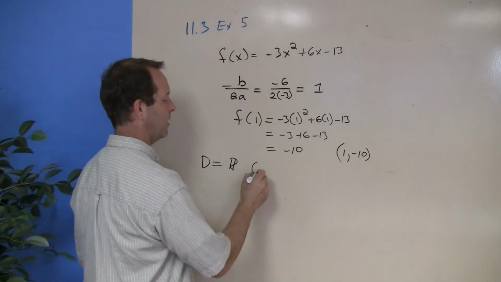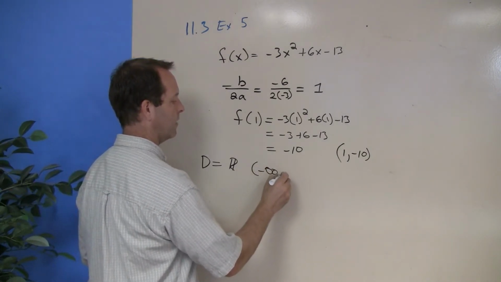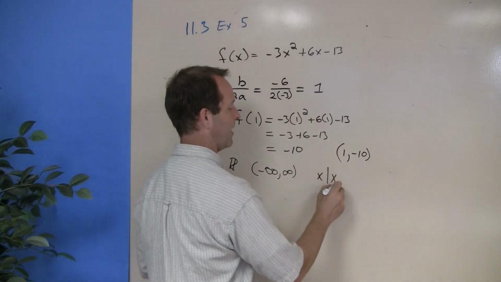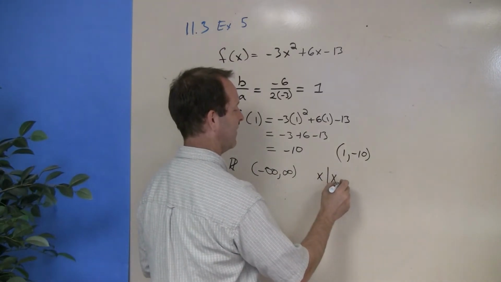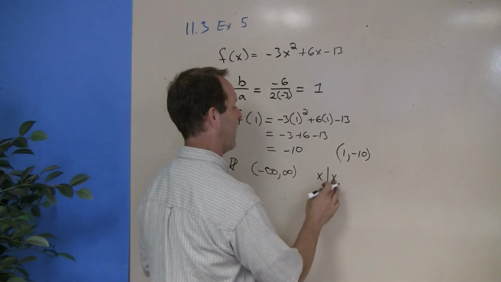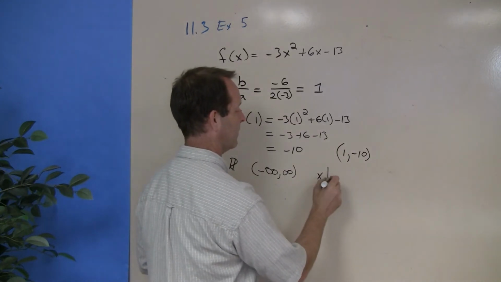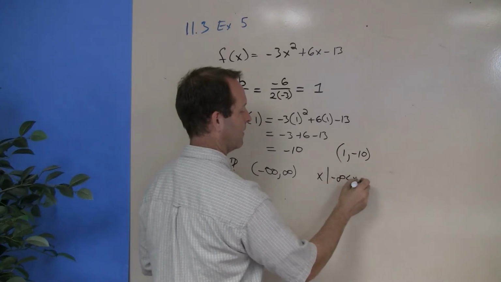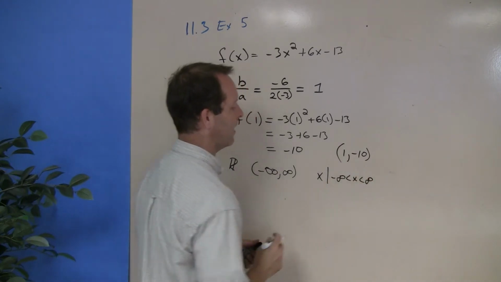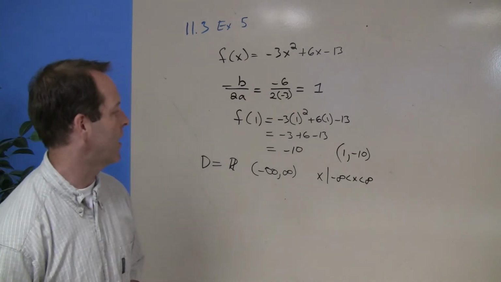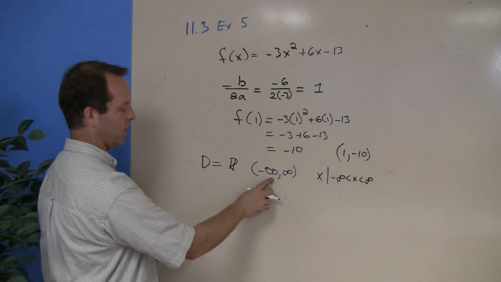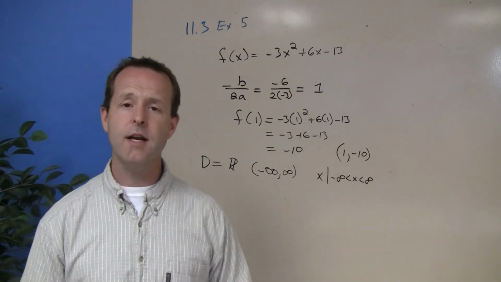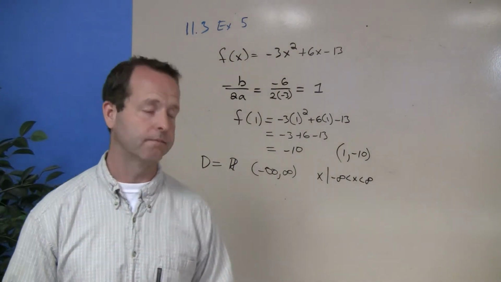In interval notation, -infinity to +infinity, or all x such that x is between -infinity and +infinity. There are lots of ways you can look at it. Again, interval notation is my favorite, but the domain is all real numbers. Every number I can think of, I can put into the function.